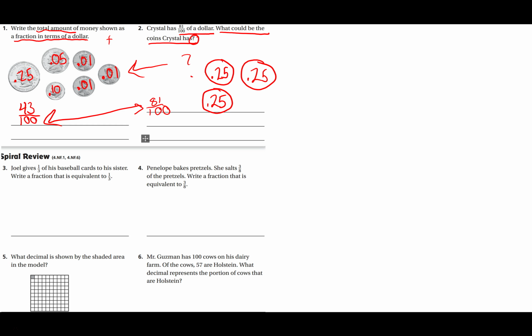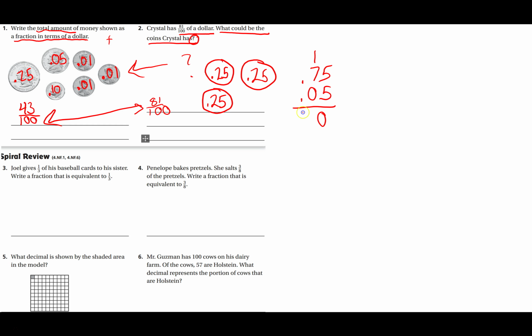So what about if I get a dime? I have 75 cents. A dime is worth 10 cents. That would get me to 85 cents. So that's too big. So I don't want a dime. So what about a nickel? So I have, again, 75 cents. If I get a nickel, it's worth 5 cents. That's going to be 5 plus 5 is 10.